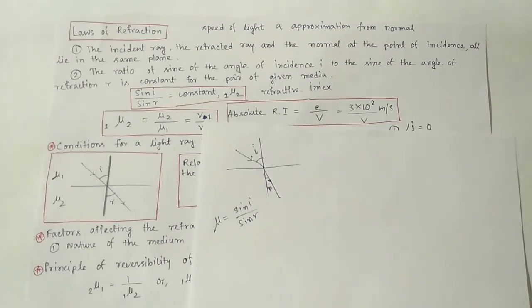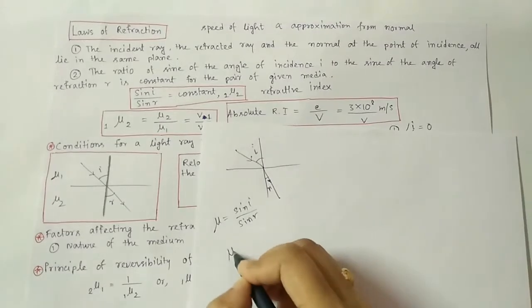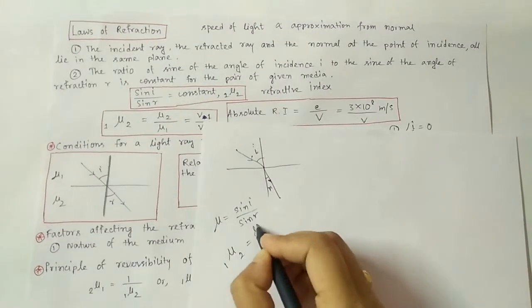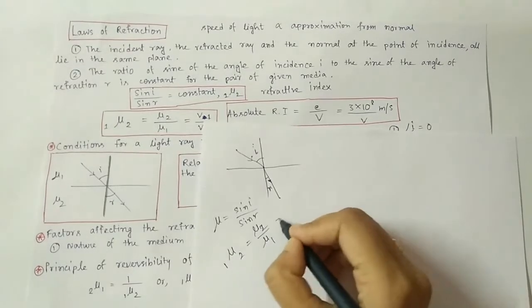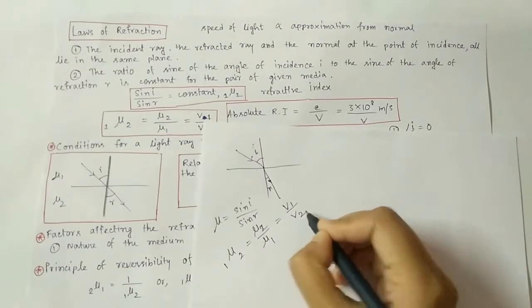And as the density decreases, the velocity of the light ray in this medium will increase, because we know that mu12 is equal to mu2 by mu1, and this is equal to v1 by v2.